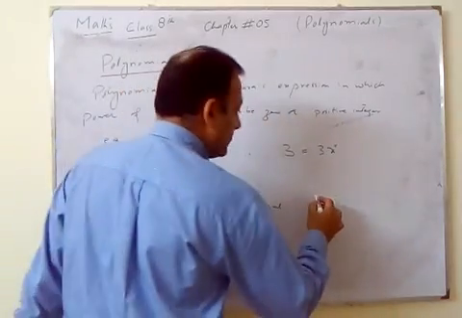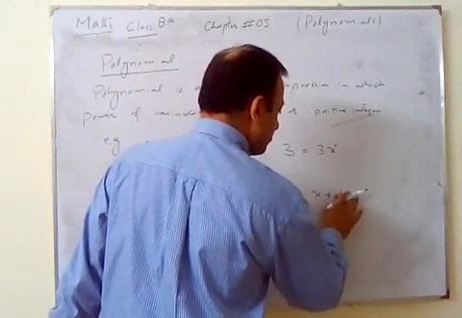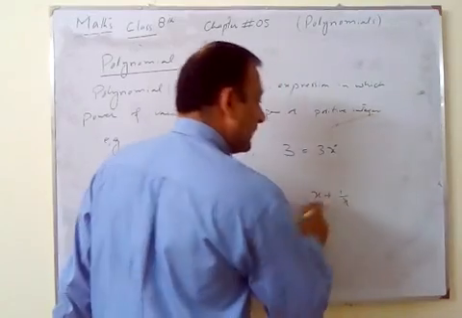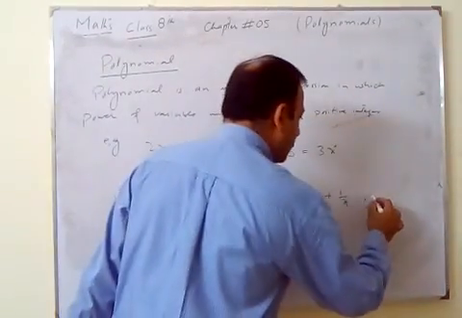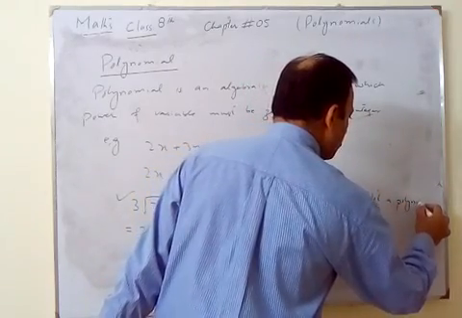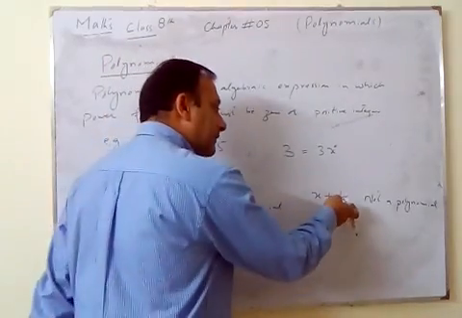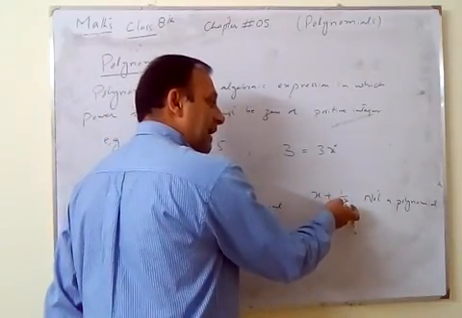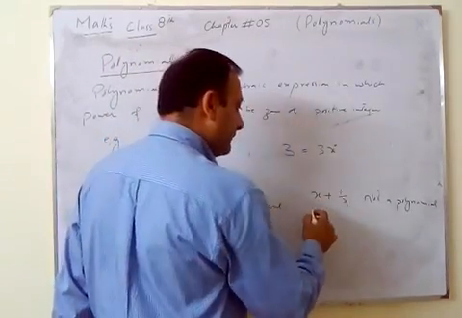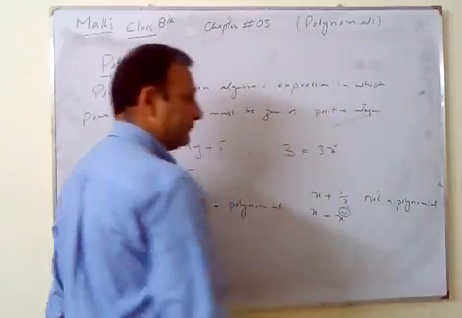Likewise, if I write x plus 1 over x, this is also not a polynomial. Why? Because when we take this x from the denominator to the numerator in standard form, the power is minus 1.